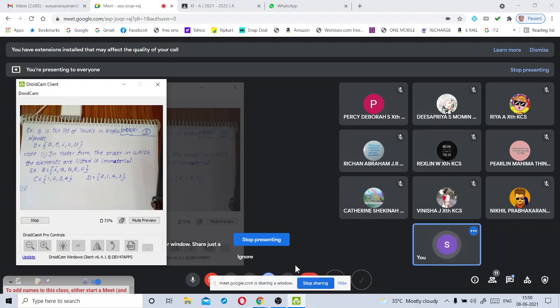Please remember this point, my dear children. Here, set C and set D represent the same set. Understood this point, my dear children?